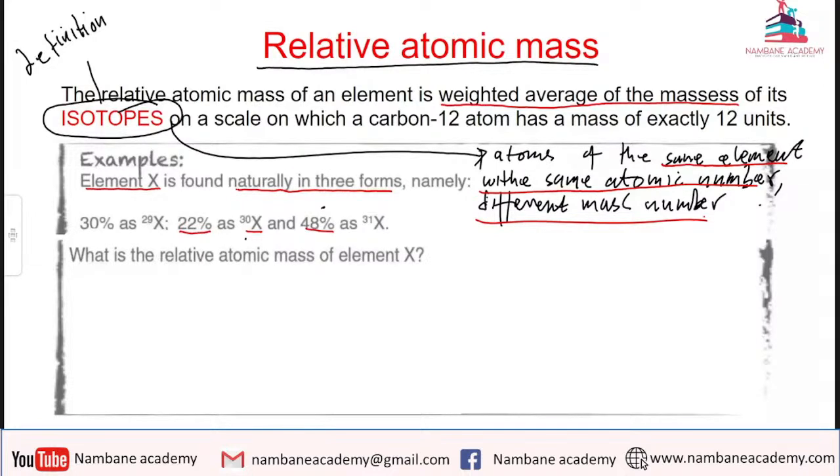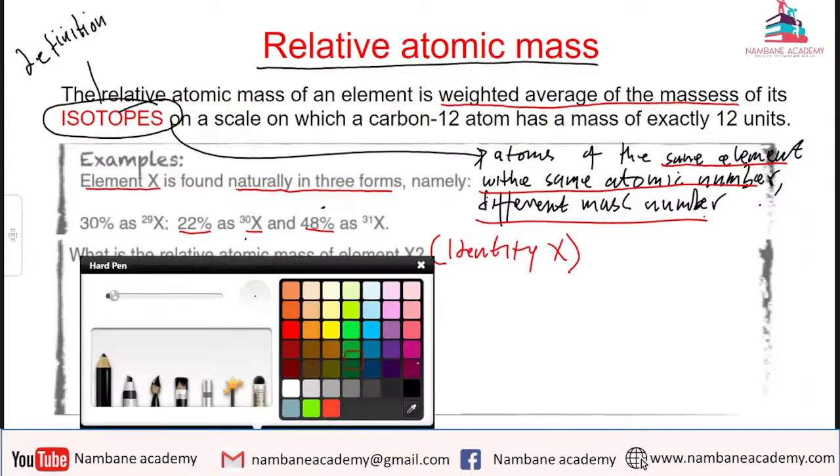But now we want to know what the relative atomic mass of element X is. I am going to change this question and say identify X. And how are we going to identify X? We are going to use the periodic table for that.